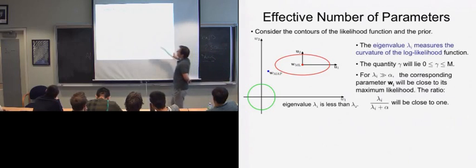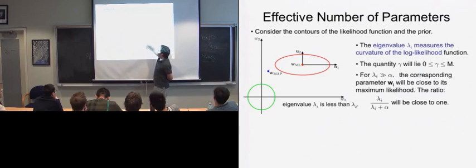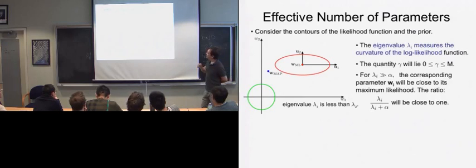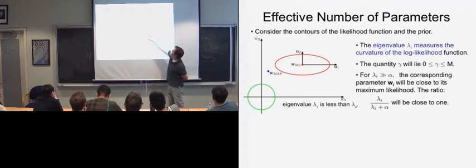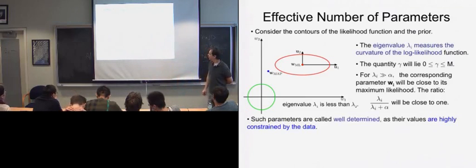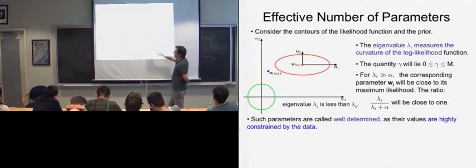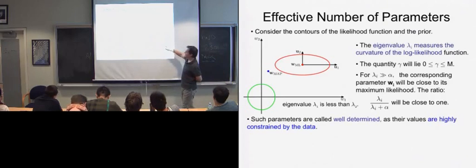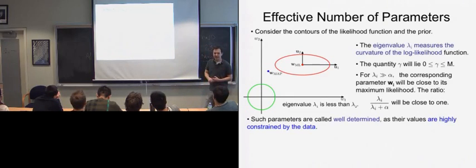What happens if your eigenvalues are much bigger than alpha? Then the corresponding parameter w sub i will be close to its maximum likelihood value, because this term will be close to 1. That's why these parameters are called well-determined parameters: their values are highly constrained by the data.